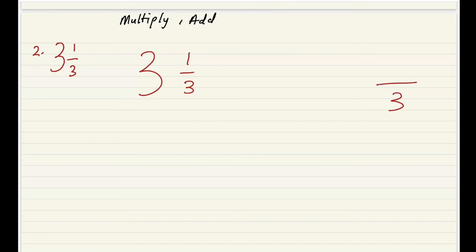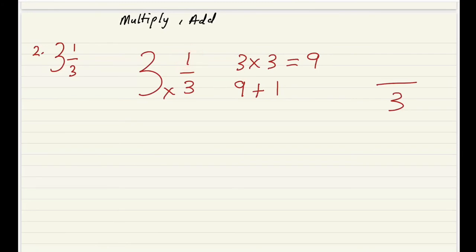So remember, the first thing we do is to multiply. So it's going to become 3 times 3, which is 9. Then we add. We're going to add the answer, which is 9, to the top number, which is 1 here.